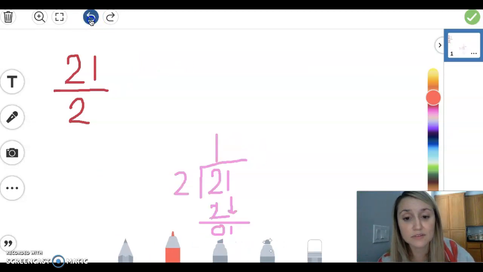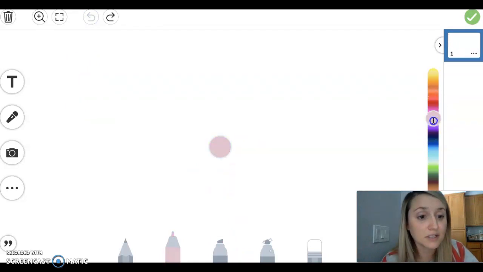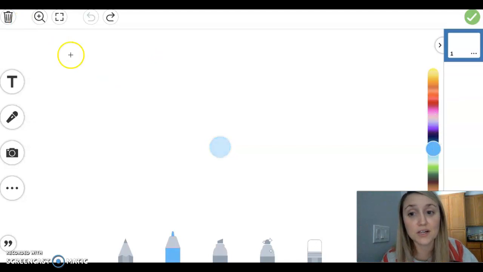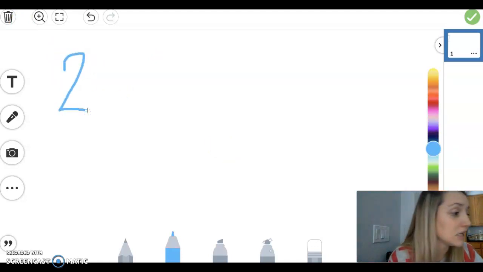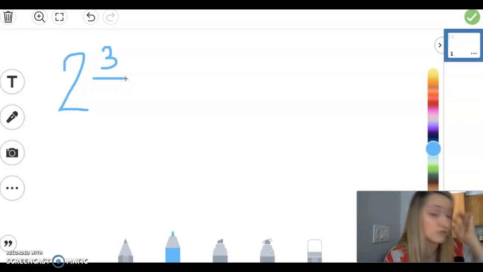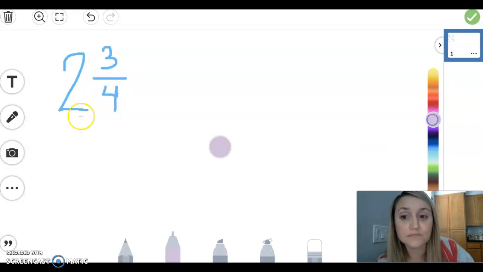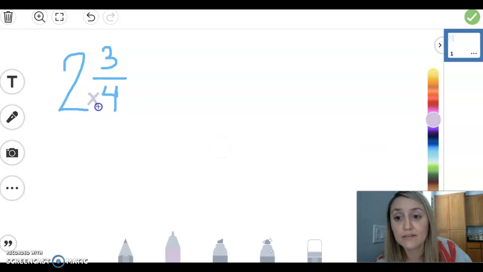Erase all this. All right, so I'm going to look at some more improper and mixed numbers. So if we have 2 and 3/4, we'll look at number 2. And I'm looking at your book page, so I'm actually on page 220. So again, we have our multiply here, and then our add here.